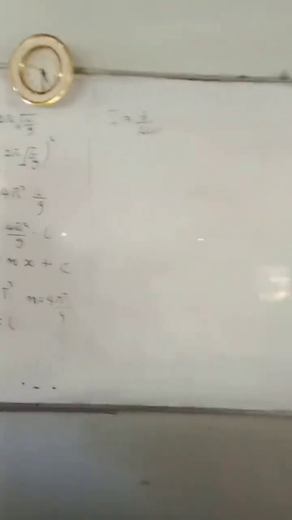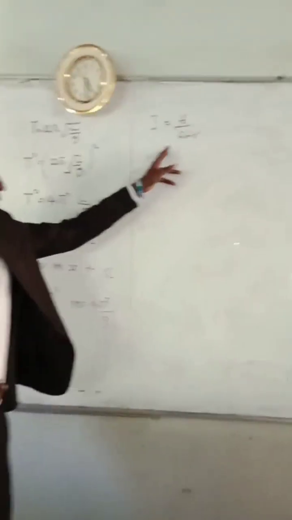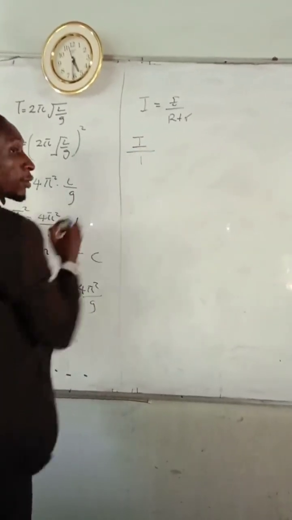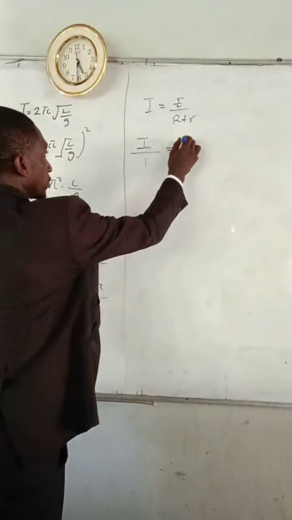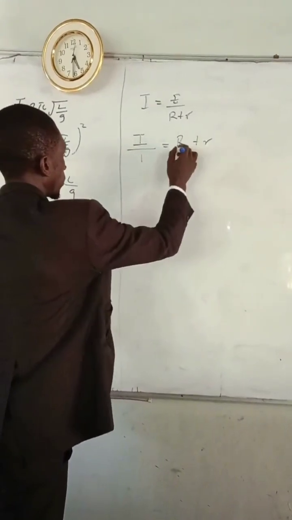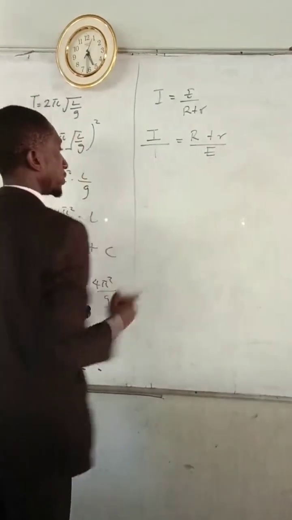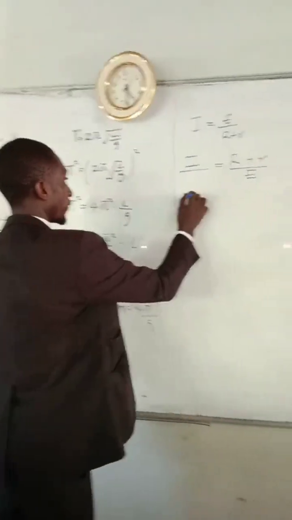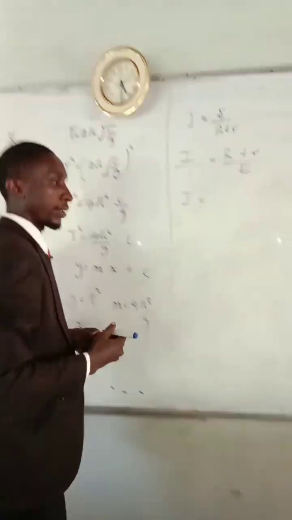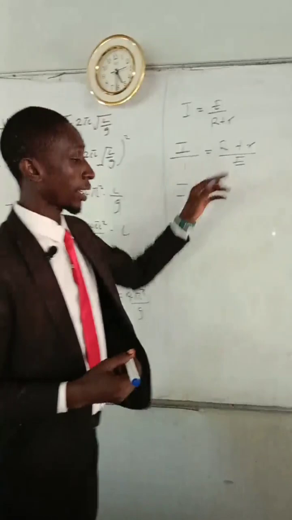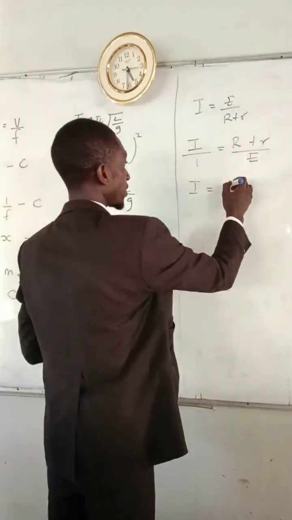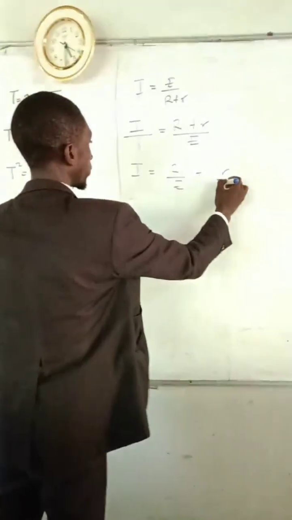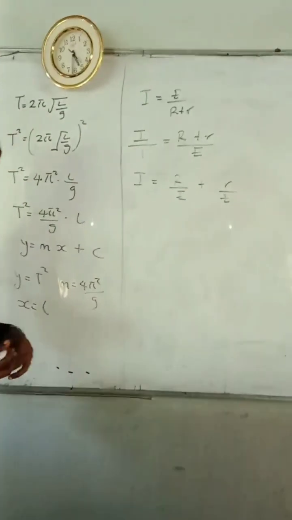To take the inverse of this, we have 1 over I is equal to R plus r all over E. Now, in the principle that we learned in mathematics about LCMs, we can say this is R over E plus r over E.